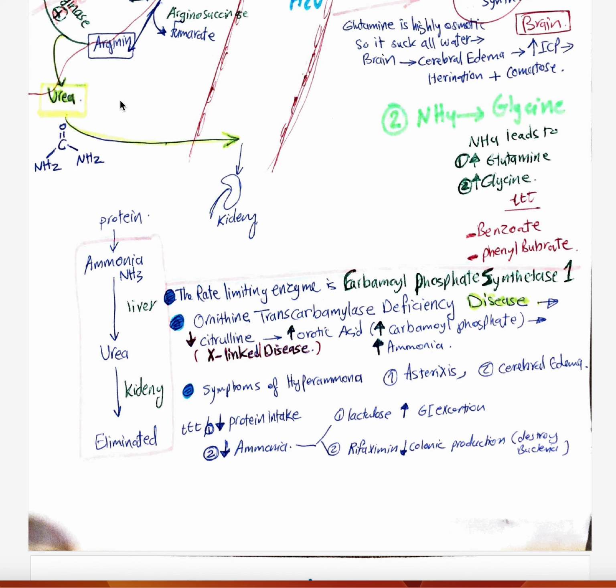So we have two solutions, lactulose and rifaximin. The lactulose increases the excretion of the ammonia through the GIT. Rifaximin destroys the bacteria that produce the urease, which turns the urea into ammonia. So that is all about the urea cycle.